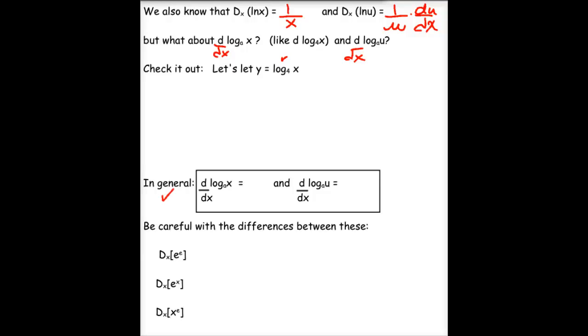Let's again pretend that we don't know, and we're going to work this out. If I have log base 4 of x, I could say that 4 to the y is equal to x. That's just using my properties of logarithms. So I'd have 4 to the y is equal to x, and I would take the natural log of both sides.